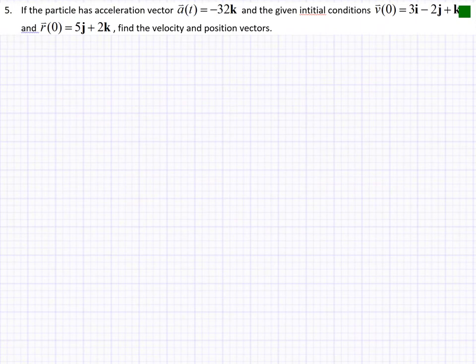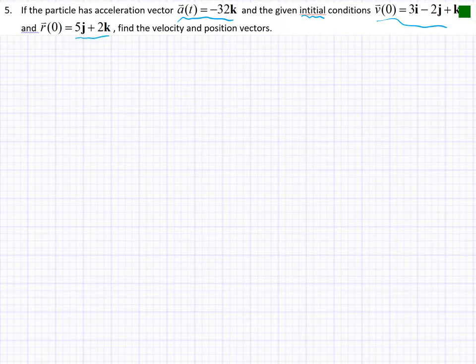For this one, we want to look at this and ask, what are we looking for? A particle has an acceleration vector given to be negative 32k, and we have the initial conditions v of 0 equals 3i minus 2j plus k, and r of 0 equals 5j plus 2k.